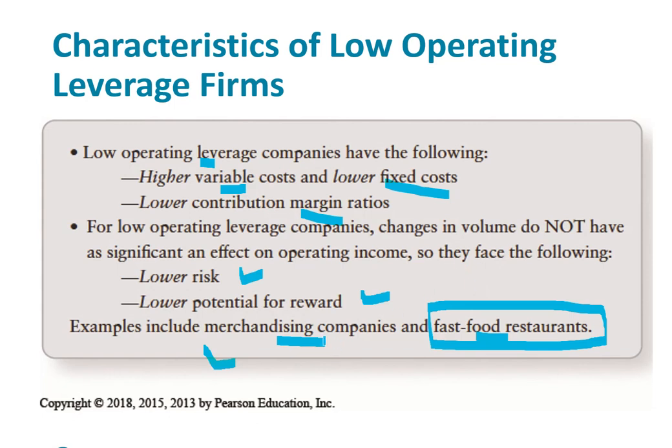So you have to know which industry you're in, and then you can estimate what your operating income is going to be next year if there's a rise or a drop in sales volume. So do the homework problems on operating leverage to really get a better idea of what this means.